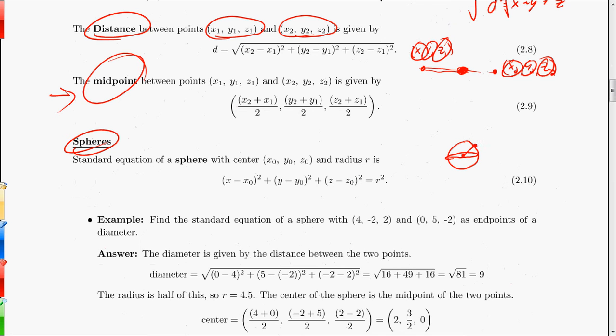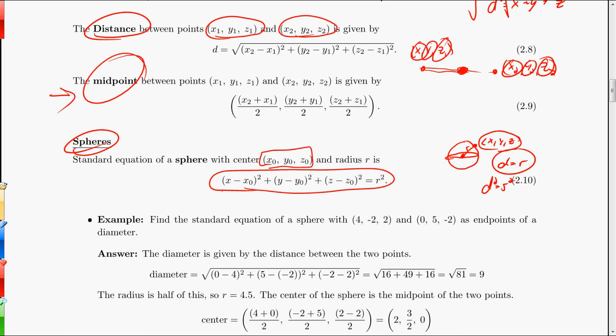Meaning if I have a point on here, x, y, and z, and the radius is r, then the distance from this point to the center, which is x0, y0, z0, has to equal r. The distance has to equal r, or in other words, d squared equals r squared, and that's what this is. This is the distance from any point on the surface of my sphere to the center of the sphere, squared, and that's got to equal the radius squared. So that's my equation for a sphere.